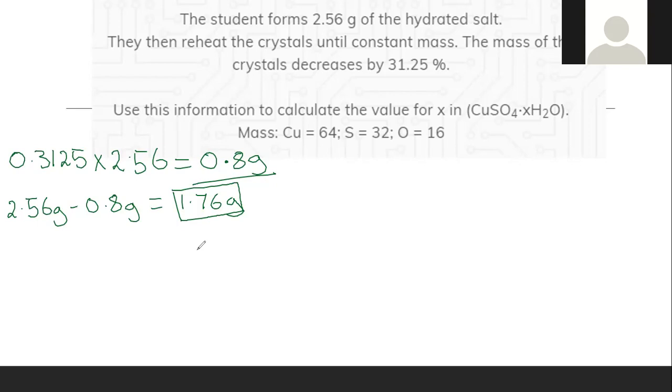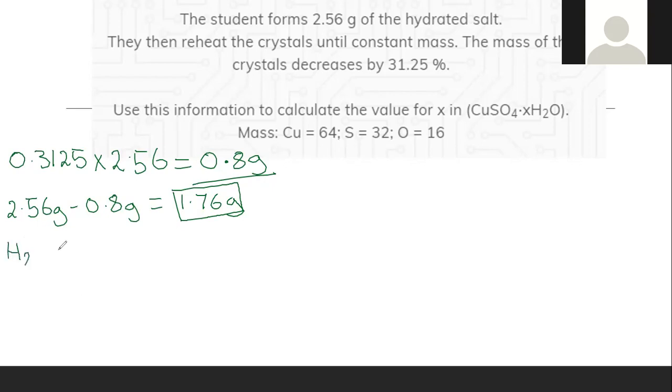Now we want to calculate our water mass before heating. If we look at our equation, our water mass before heating is going to be 0.8 grams. How do we know it's 0.8 grams?